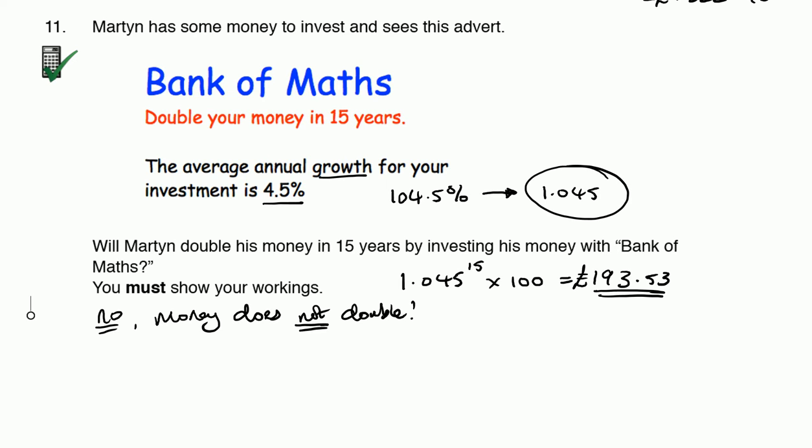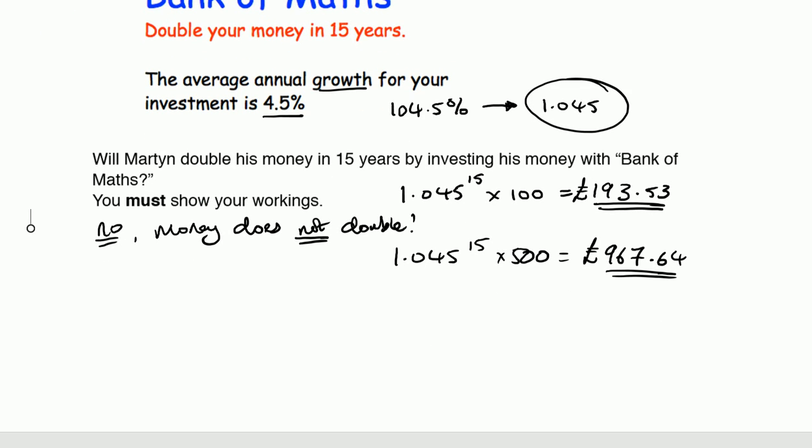Maybe you say it would be different with £500. Let's just quickly try one of those. 1.045 to the power of 15 times £500, and let's see if we can get to 1,000. No, the calculator is telling me that I will get £967.64. Still too small. So no matter what amount of money you pick, we are not going to get to doubling. So it's wrong. We do not double our money. And that's the end of our solutions.